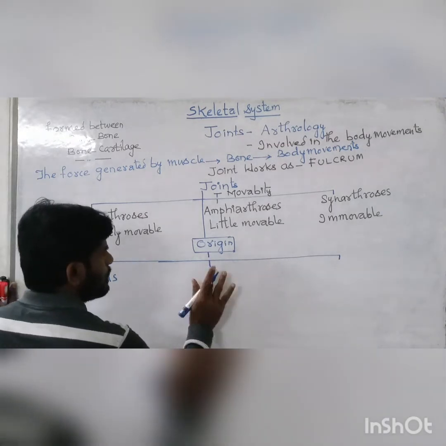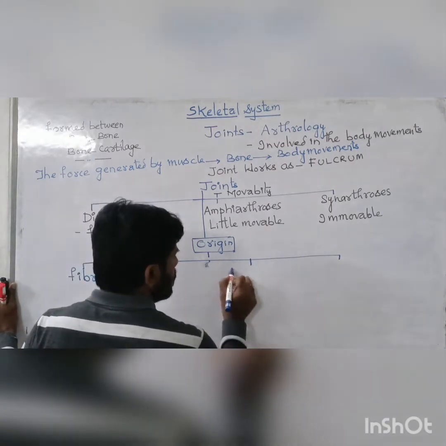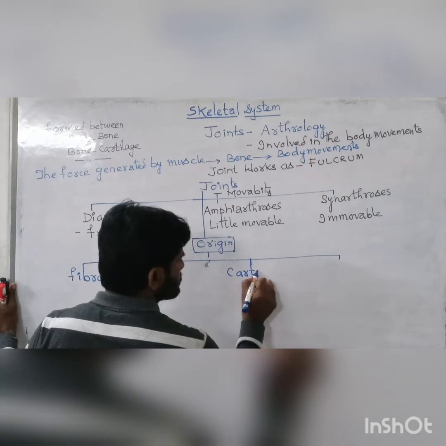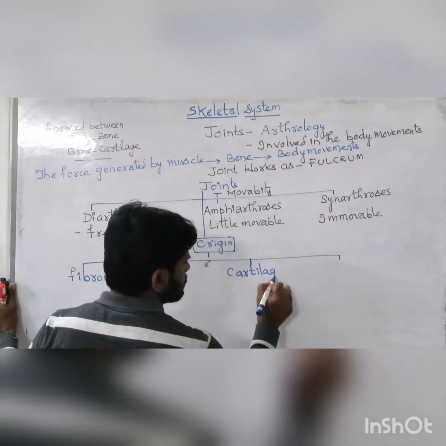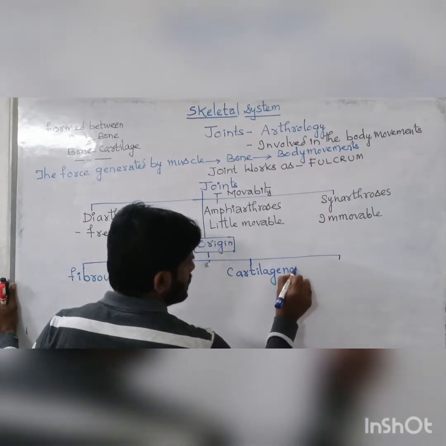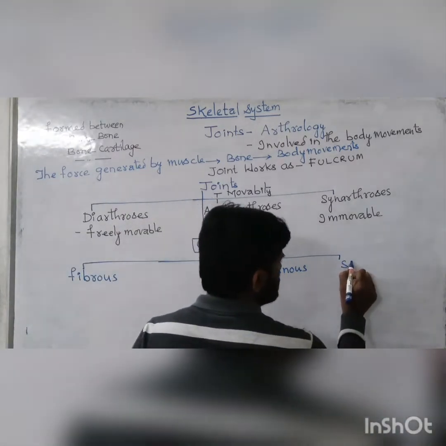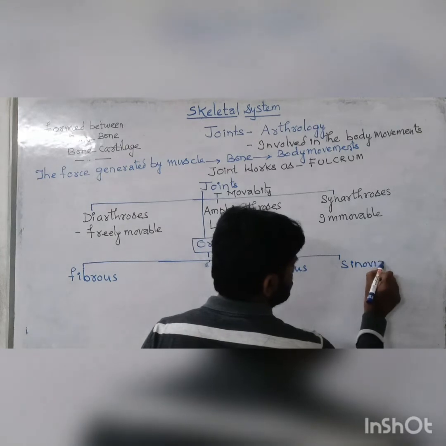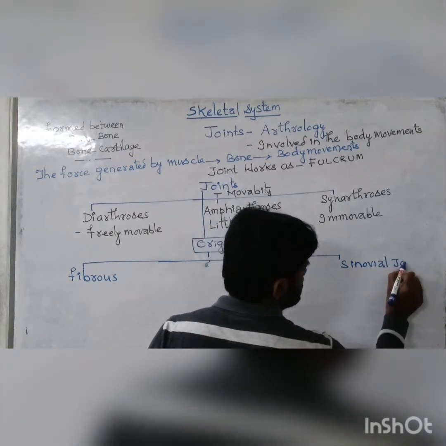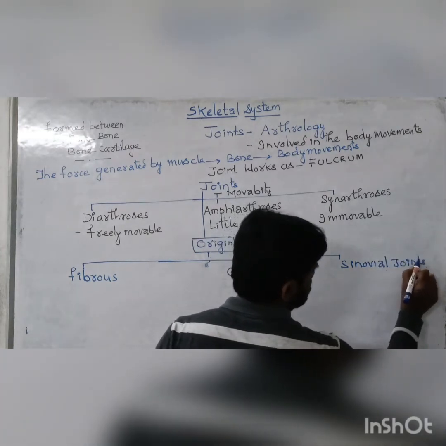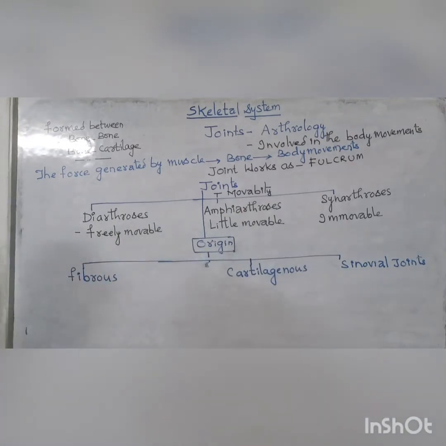Second type is cartilaginous joints. And the third one is the synovial joints. What is a fibrous joint?